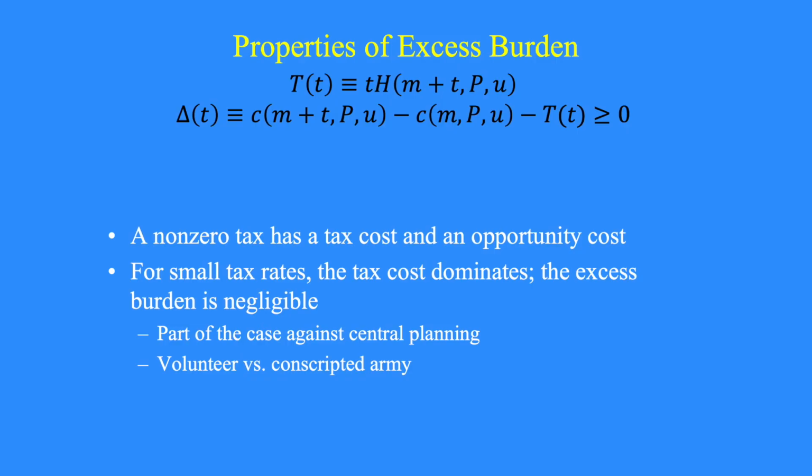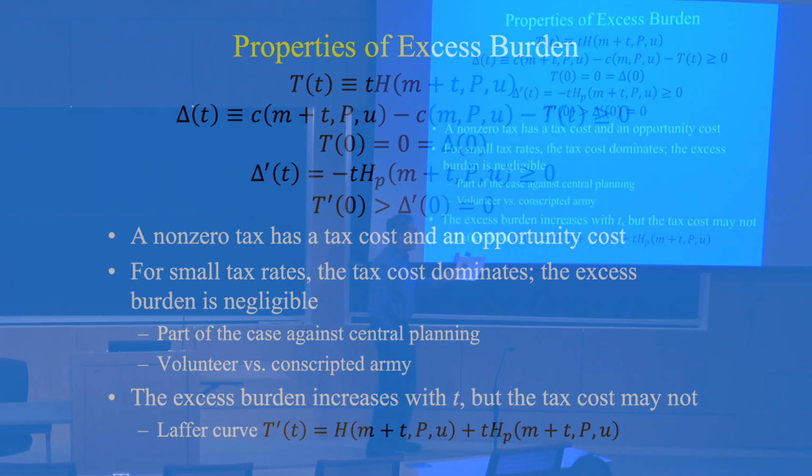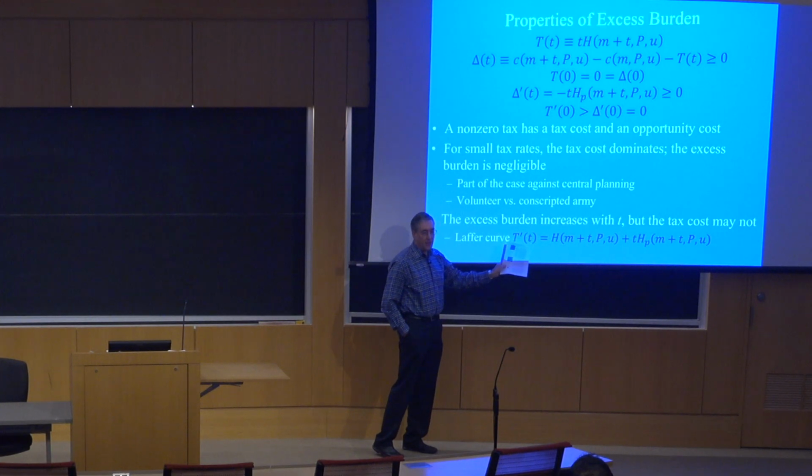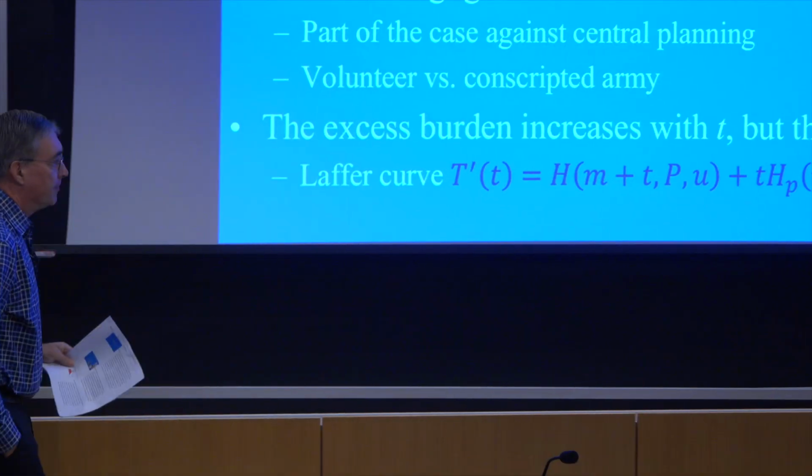Let's see. Oh, I should mention now here the Laffer curve. I mentioned the marginal effect of the tax rate on the tax revenue. That's also known as the slope of the Laffer curve, because the Laffer curve is the graph of the tax rate measured horizontally and the tax revenue measured vertically.